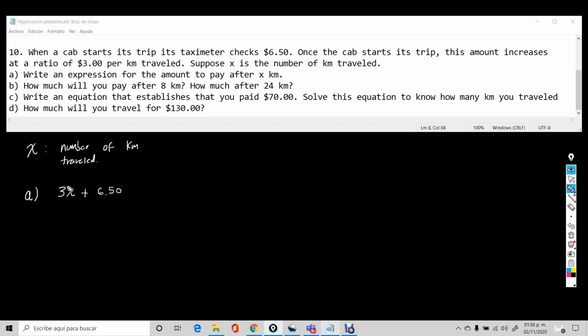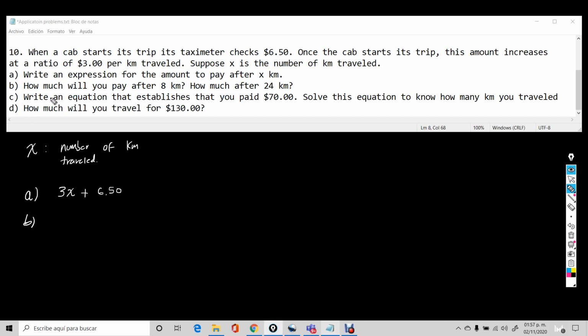That's all the amount of money that I'm going to pay after traveling for X kilometers. The price of each kilometer times the number of kilometers, so this is all the money I have to pay just for the traveling kilometers. And this is the amount of money I have to pay for just entering the cab. So there you go.